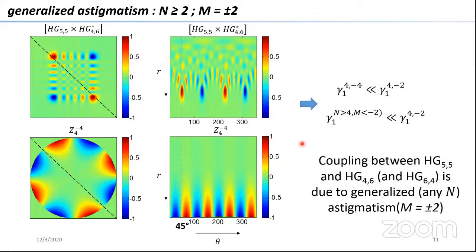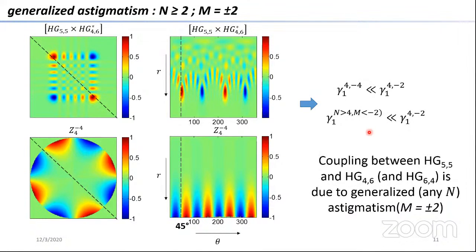In any case, when we look at the coupling, the coupling with this polynomial will be negligible, and this will always be the case. It will also be the case when we take m higher than 4, because when m is higher than 4, it means that we need n higher than 4, and here we need higher frequencies of the mirror imperfections. So also this can be neglected.